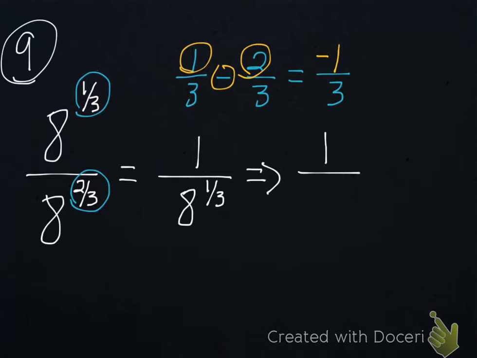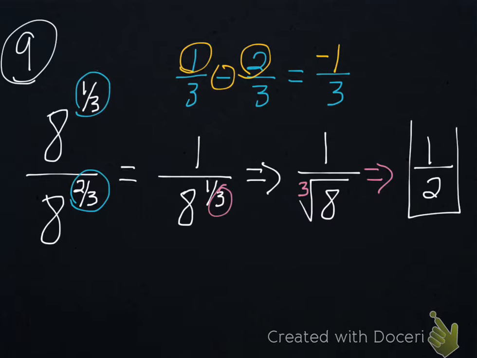So I have 1 over the root of 8. Now what kind of root is it? Well, the denominator on that exponent is a 3, so it's a cube root. So when we take the cube root of 8, what do we get? We get 2. So the answer is simply 1/2. Isn't that a lot easier than the original problem? That's why we wanted to simplify.